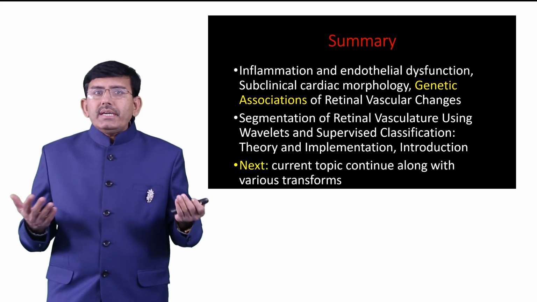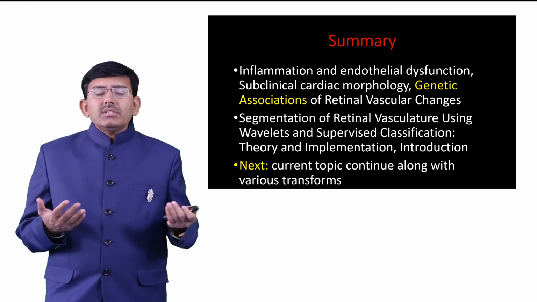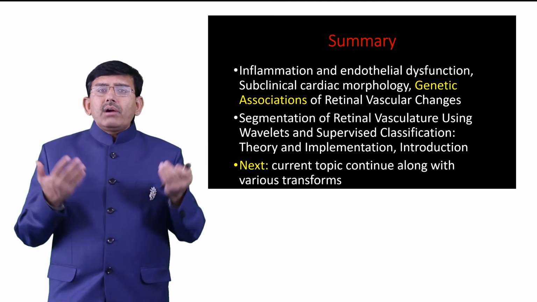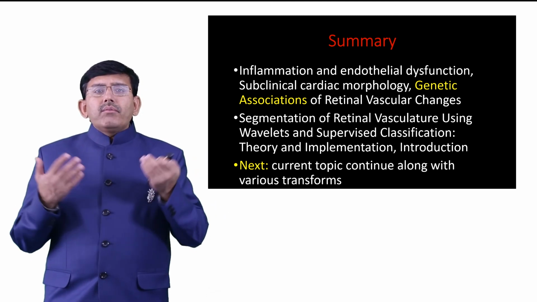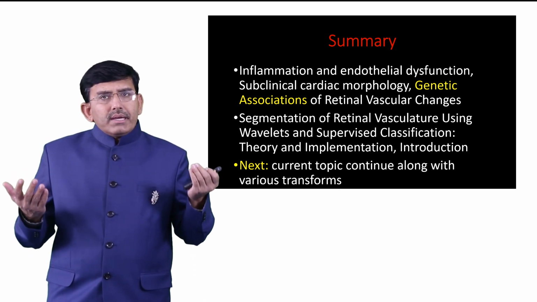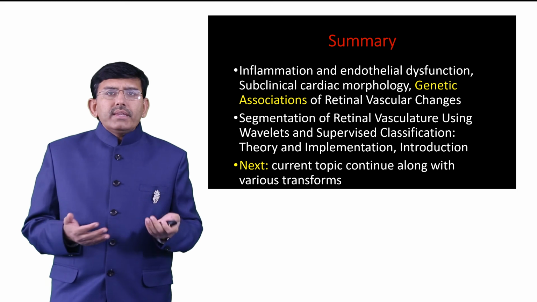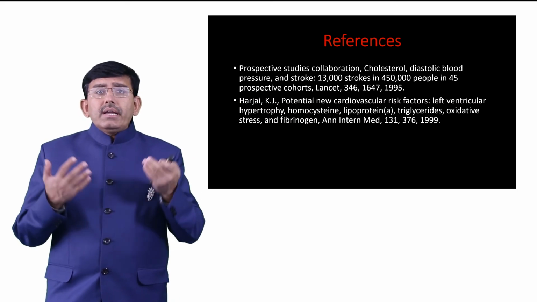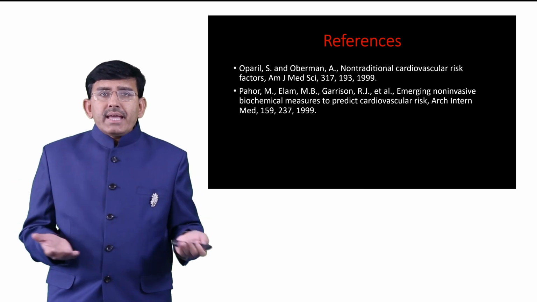We have also seen theory and implementation with the background of the techniques. In the next successive module, we will continue with the current topic along with various types of transformations which are required for detecting them.